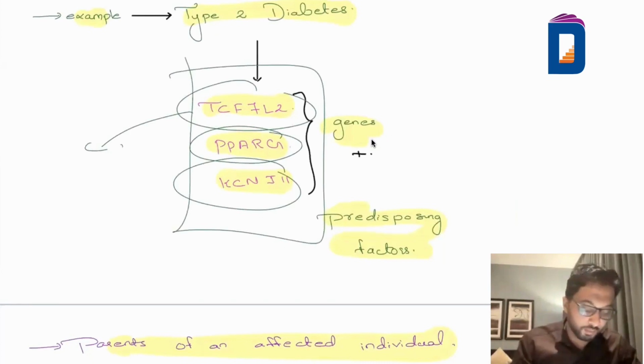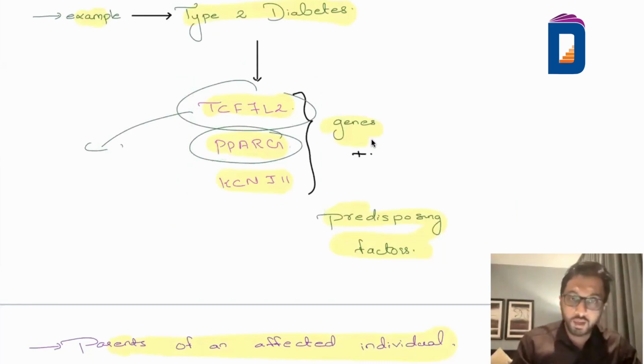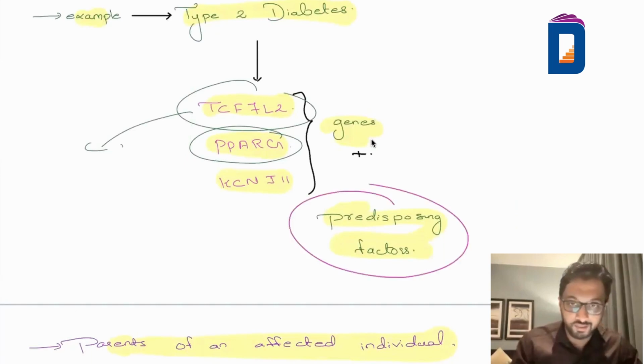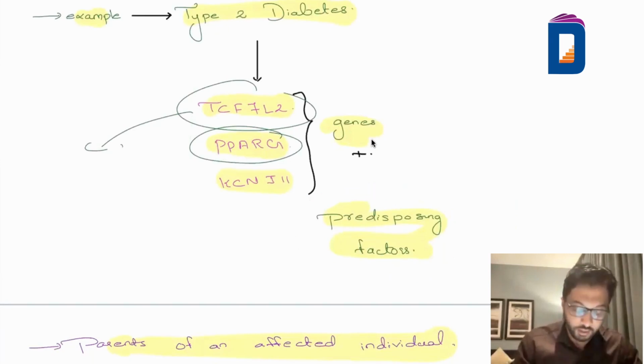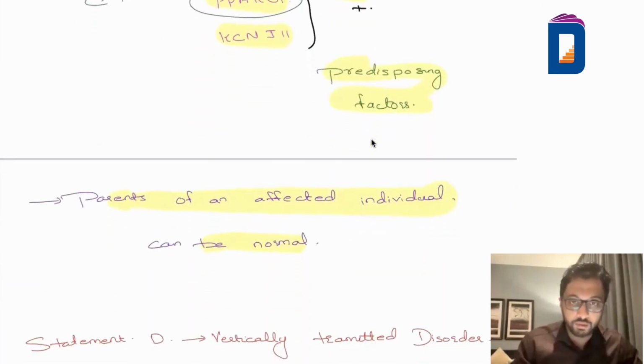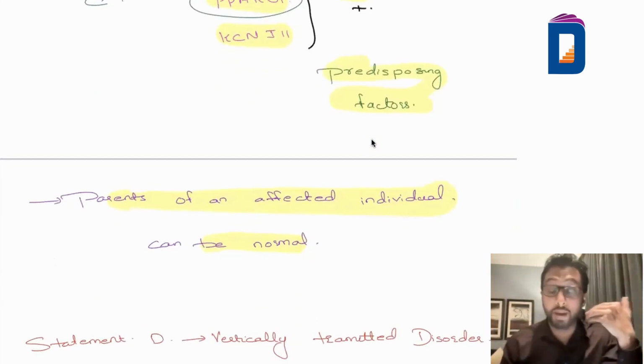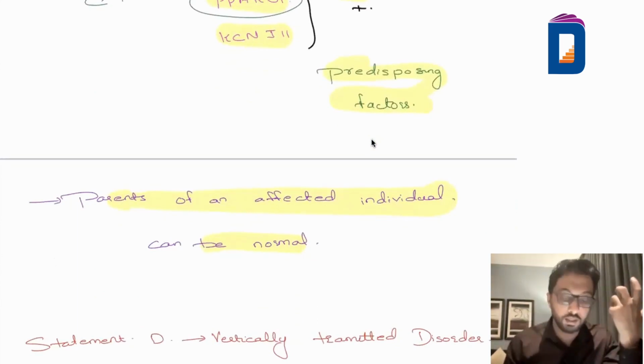So there is a possibility that the parents are normal. Also important here, there is a predisposing factor. Imagine father and mother don't have a high sugar diet, so they don't get diabetes. So there's a high possibility that the parent of an affected individual can be normal. Got it?